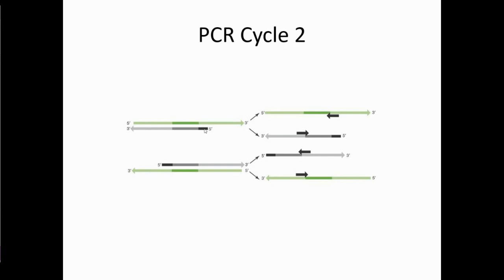With this long product from cycle 1, in cycle 2 this forward primer binds to this location. When it extends, it will only extend to here, so that will give you only the short product. And for this one, the reverse primer binds here and extends to here, and that will give you the short product. So after cycle 2, you will produce this 1 short product and this 1 short product.